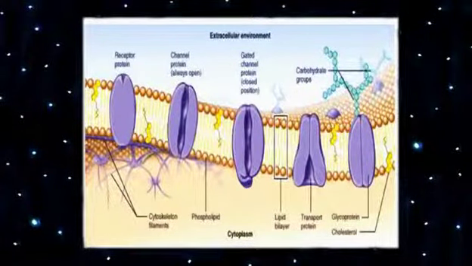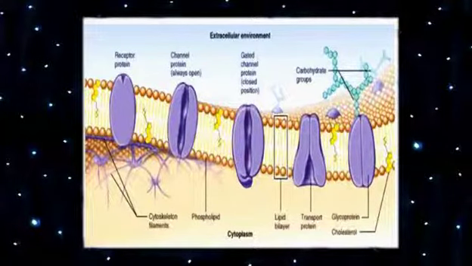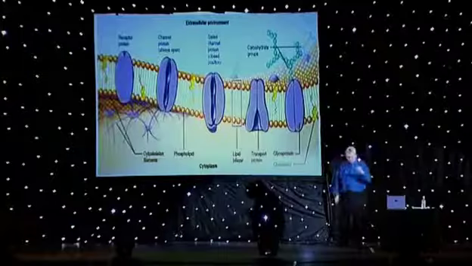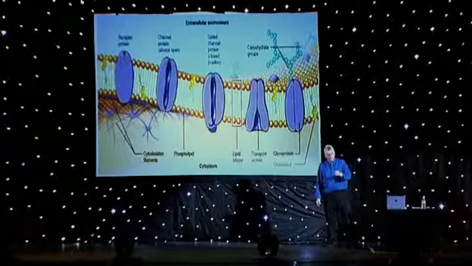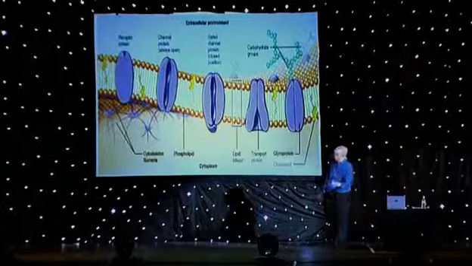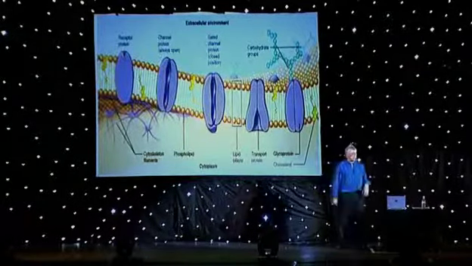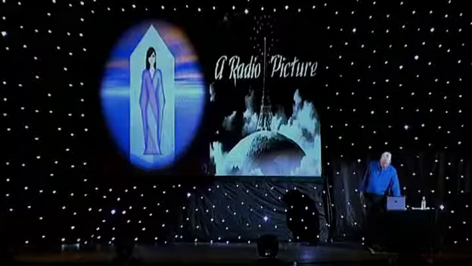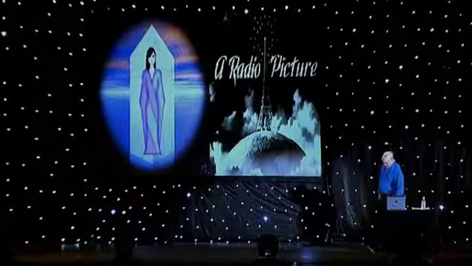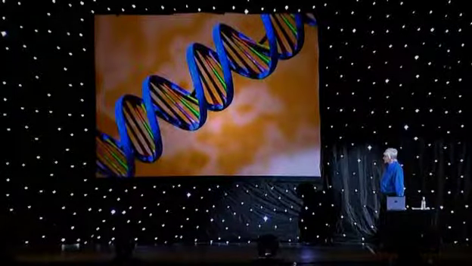And electrical signals make these gates open and close, letting in what's good for the cell, keeping out what's bad for the cell, etc. Which is why when we get involved in disruptive electrical and electromagnetic situations, these can open and close at the wrong times and lead to ill health. But we are crystals, and we are transmitter-receivers of information.